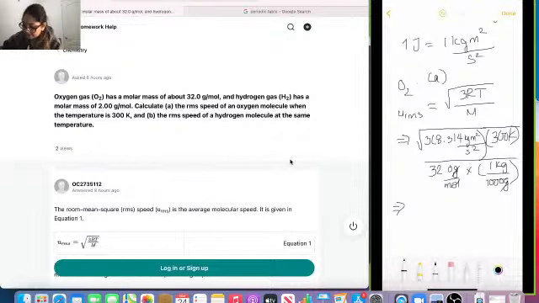If we do the whole math here, the answer in this case would be approximately 483.6 meters per second.